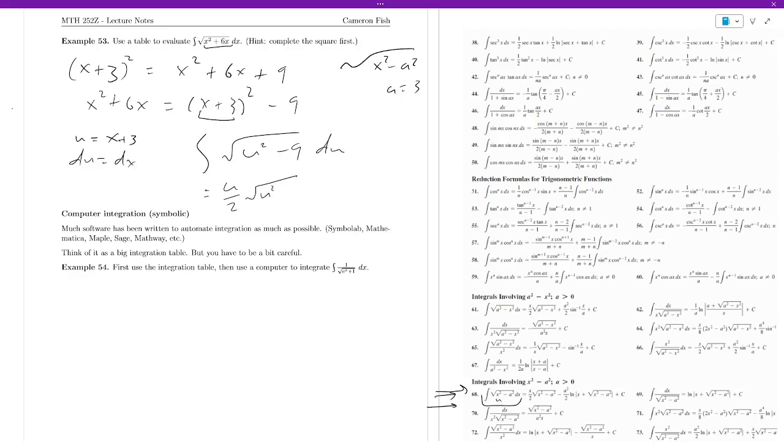This is a u, so I'm copying that u over here, because this is going to be the answer in terms of u, but at the end I have to put the x plus 3 back in for it, so I don't want to mix that part up. So here, continuing with the root of u squared minus a squared, that's 9, and then minus 9 over 2 log of u. I'm just copying here.